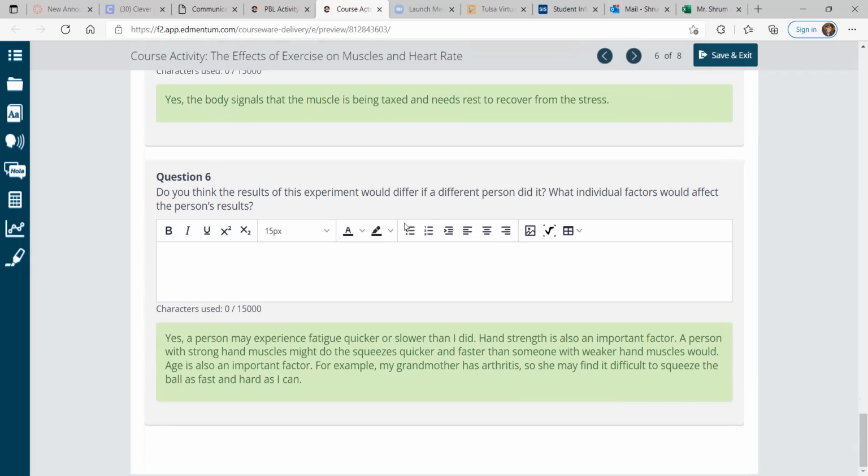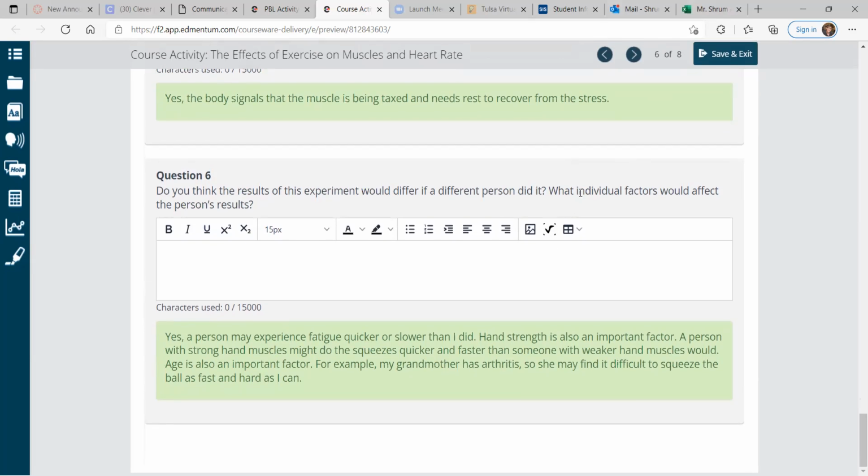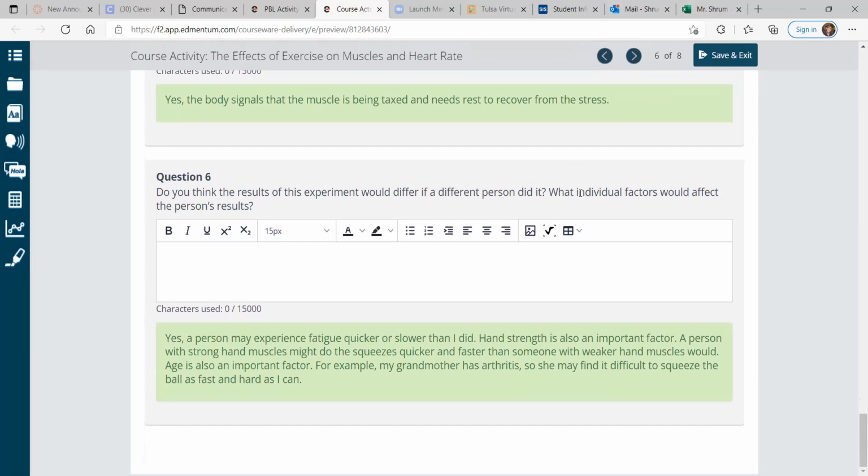Do you think the results of this experiment would differ if a different person did it? What individual factors would affect the person's result? Yes, a person can fatigue quicker or more slowly depending on their hand strength, for example.